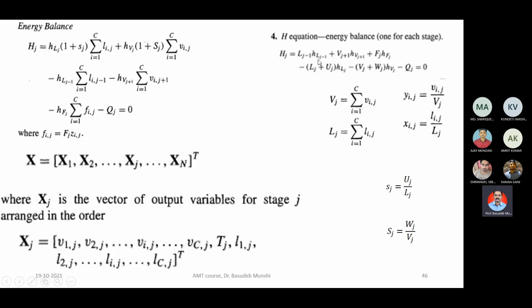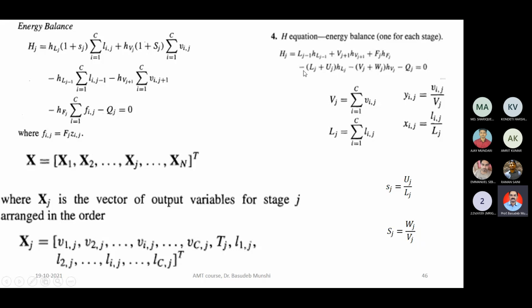Lj minus 1 will be substituted by sigma Lij minus 1, Vj plus 1 will be substituted by sigma Vij plus 1, Fj will be substituted by sigma Fij, and here we can take Lj common and substitute this as Sj. Doing that, we can write this term as Lj into 1 plus Uj by Lj, that is nothing but small Sj. So Lj into 1 plus small Sj into Hlj.